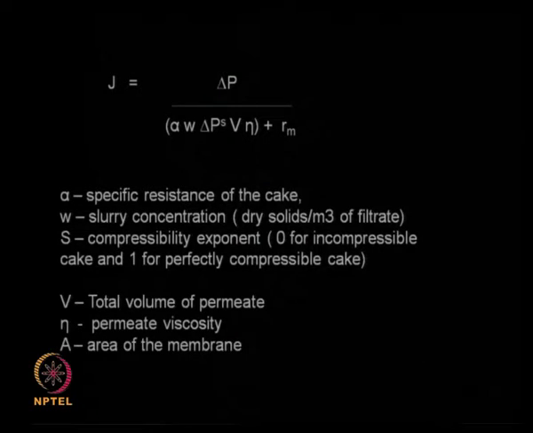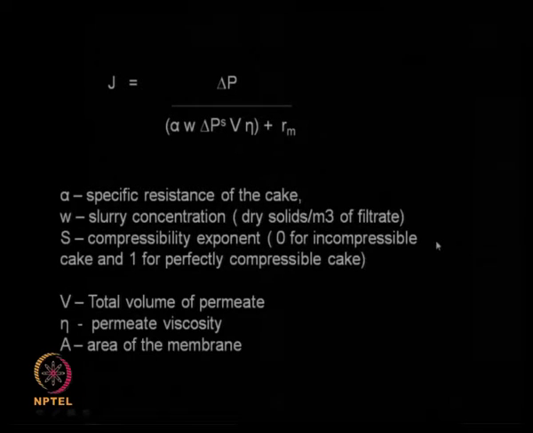The equation, this is the standard equation for the flux. You have the driving force because of the delta P, that is the pressure, and then if it is a compressible material, if you remember the very early class where we talked about compressible solids and incompressible solids, we have an equation like this, delta P raised to the power S, and S we called the compressibility exponent.